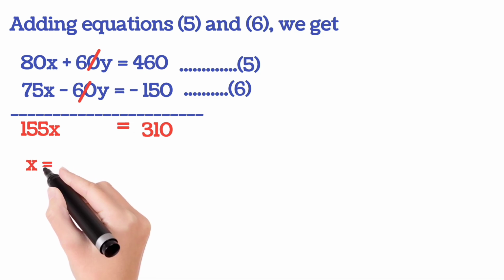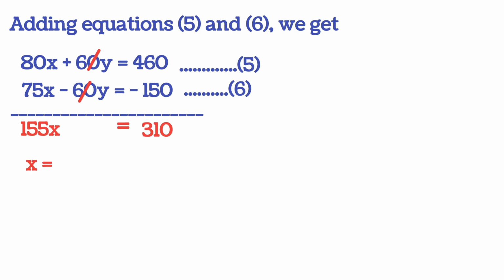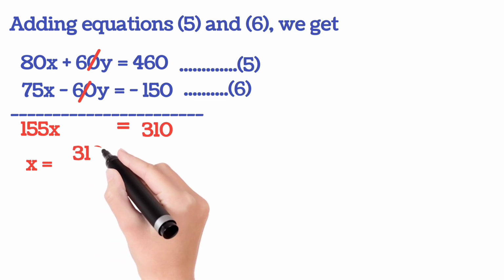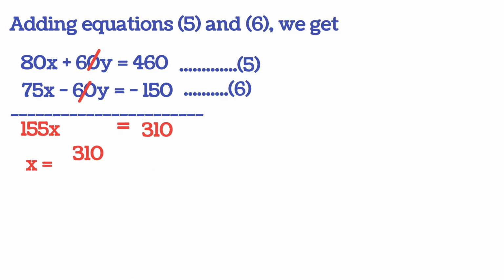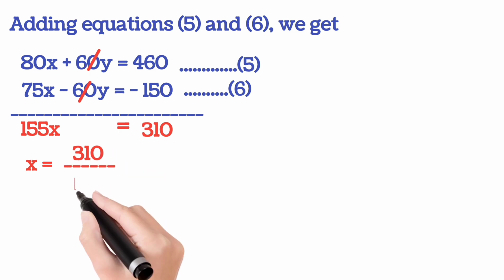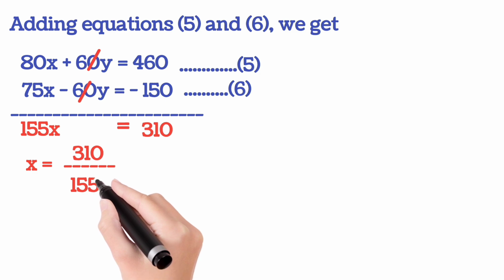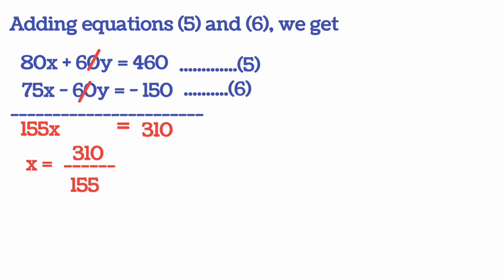So x equals 310 divided by 155. If you multiply 155 by 2, you will get 310. So the value of x we got is 2.